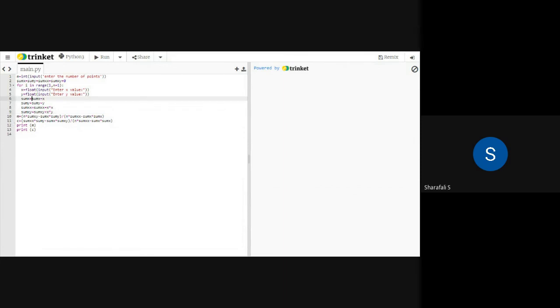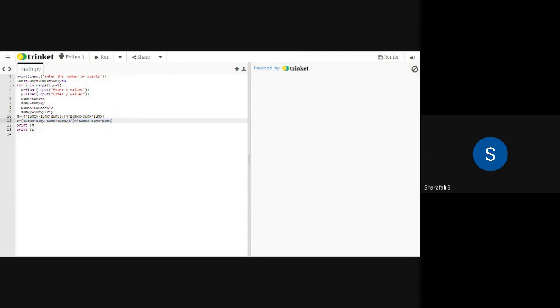Sum of x will change like x plus next x plus next x, like that. When it reaches the final value, at that time it will become n plus 1. If it goes beyond the number of data points that we have, then this loop will exit, and then it will directly calculate what is this m and what is this c.